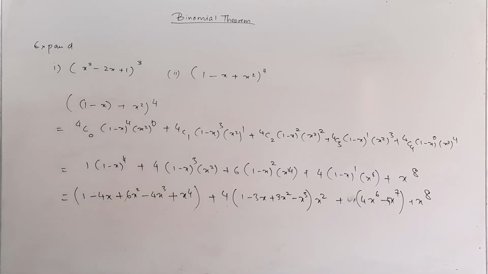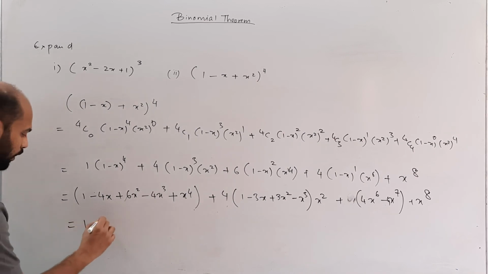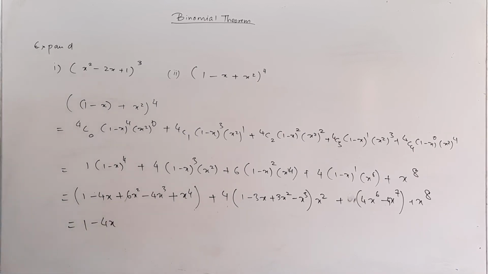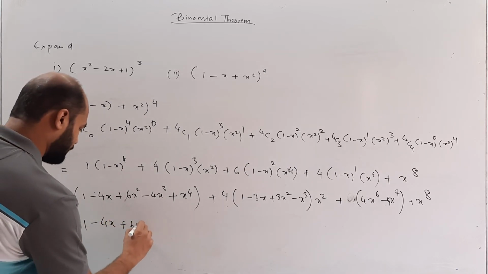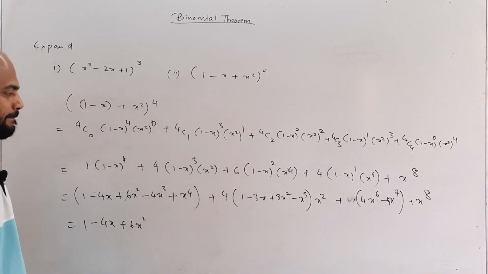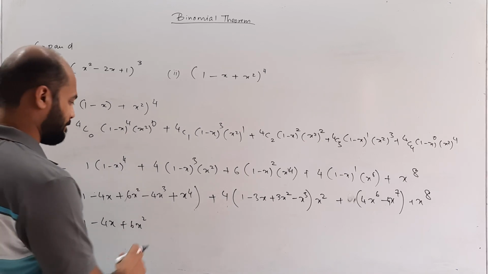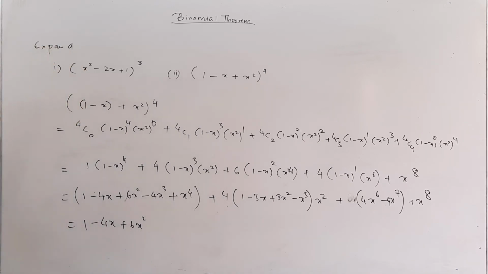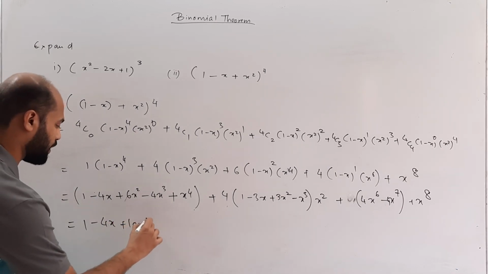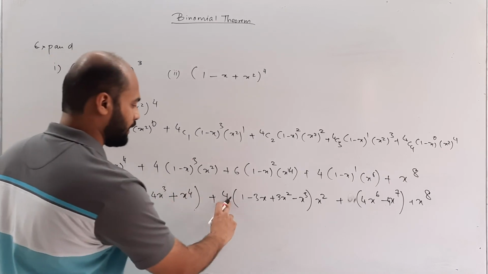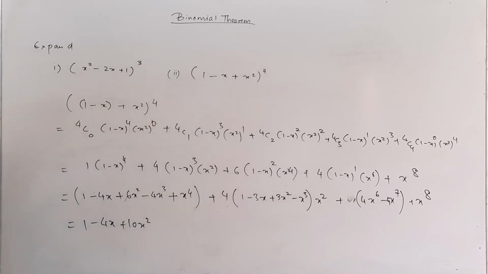So the final expression that we get is 1 minus 4x plus 6x square, in fact plus 10x square, because you can see that this is 6x square and here there is 4x square.